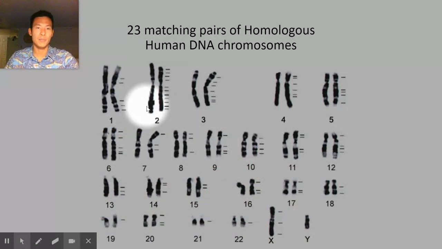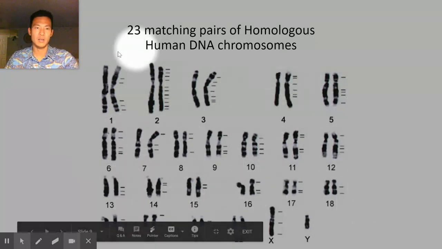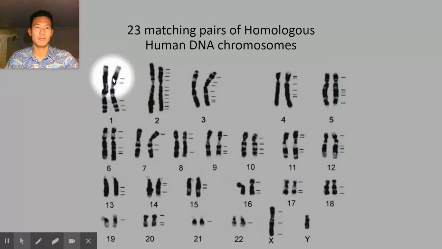So these are your 23 pairs of matching human chromosomes, one from your mother, one from your father. Everyone has one from your mother and one from your father. And these are homologous, meaning they should contain the same alleles.